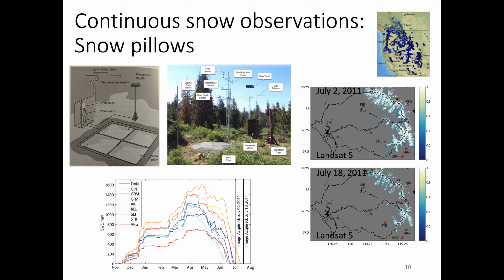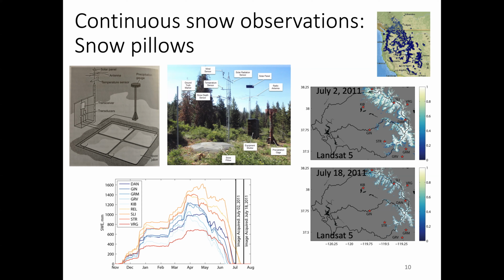In the Western US, there are hundreds of these snow pillows. The image on the upper right shows the locations of the snow pillows in the West United States. The graph on the bottom shows information from these snow pillows. It shows snow accumulating in each month on the x-axis with SWE on the y-axis. You see snow accumulating from November to April, which is fairly typical for the Northern Hemisphere.